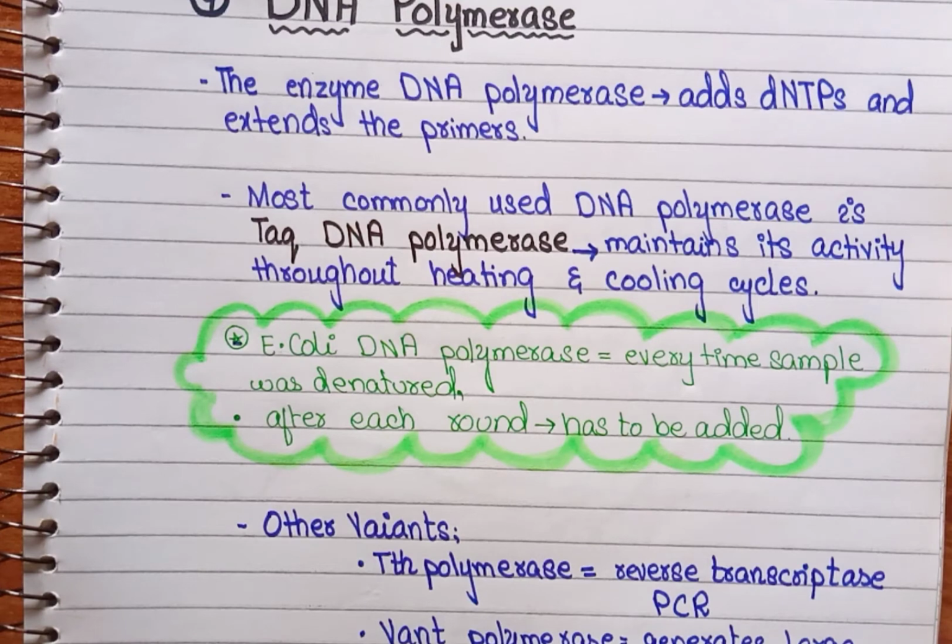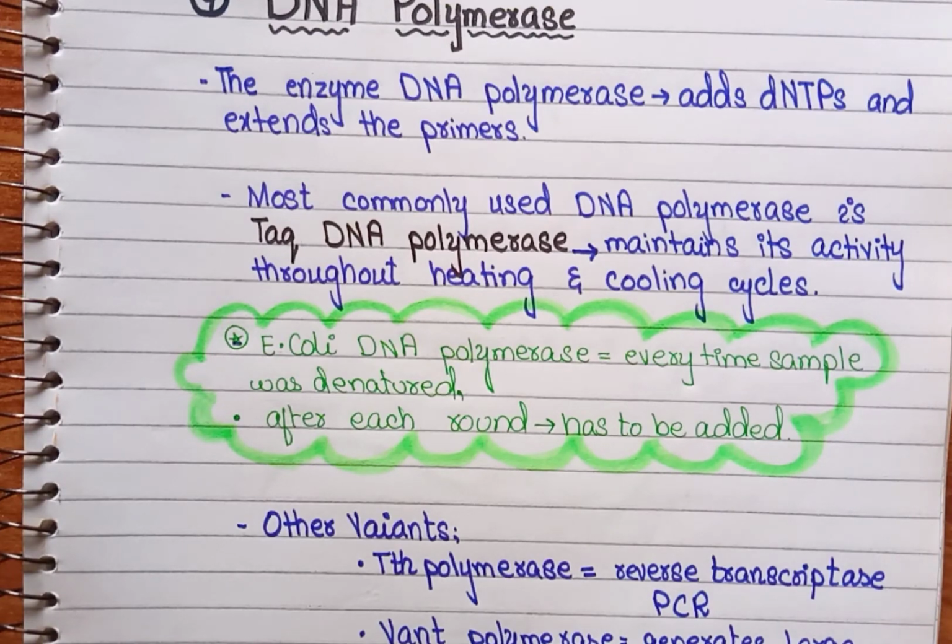After that he used a DNA polymerase that adds and extends the nucleotides and also maintains its activity throughout the heating and cooling cycle. E. coli DNA polymerase cannot maintain its activity throughout the heating and cooling cycle, but Taq DNA polymerase does.